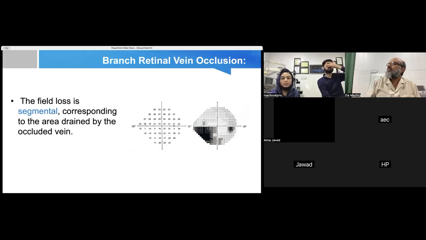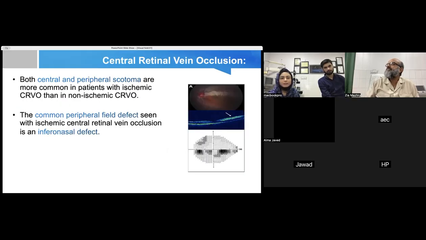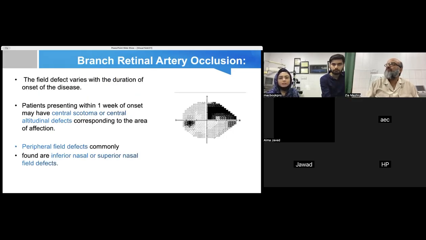In branch retinal vein occlusion, the field loss is segmental, which corresponds to the area drained by the occluded vein. In central retinal vein occlusion, in ischemic CRVO, both central and peripheral scotomas are more common than in non-ischemic. The common peripheral field defect seen with ischemic is an infero-nasal defect. In branch retinal artery occlusion, the defect varies with the duration of onset of the disease.